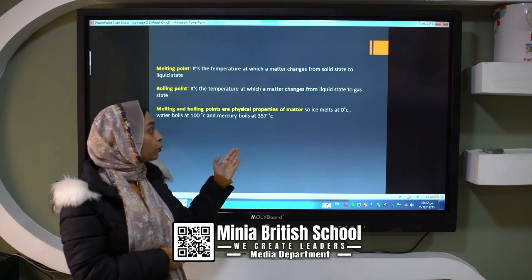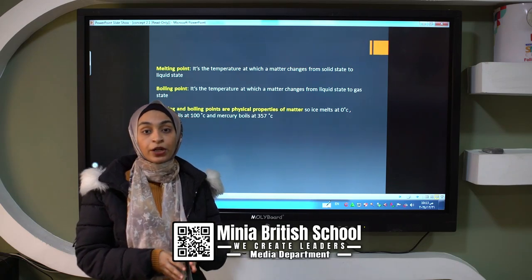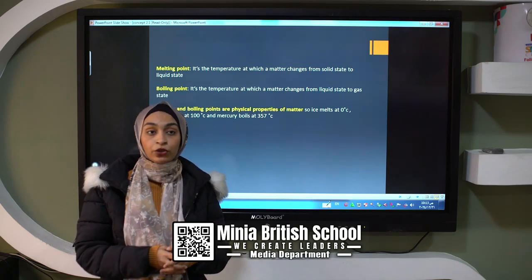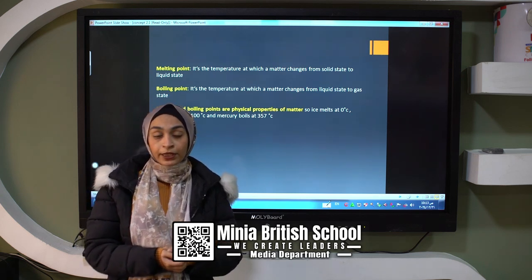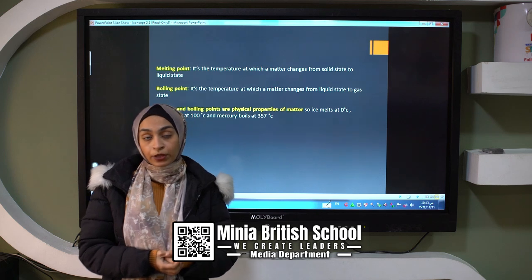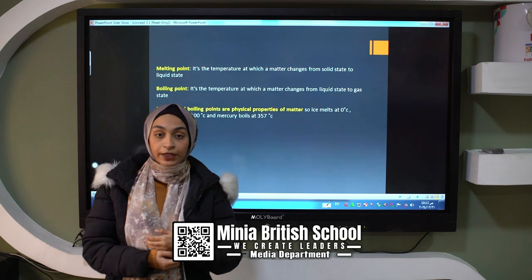Then in this concept we talked about something called the melting point. It is the temperature at which the matter started to change from solid state into liquid state, and the boiling point is the temperature at which the matter started to change from the liquid state to the gaseous state.